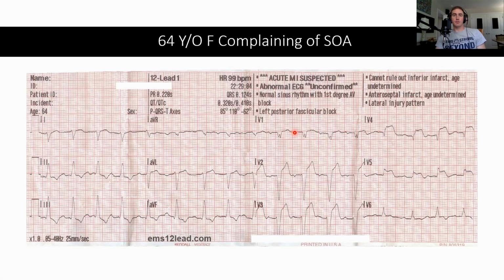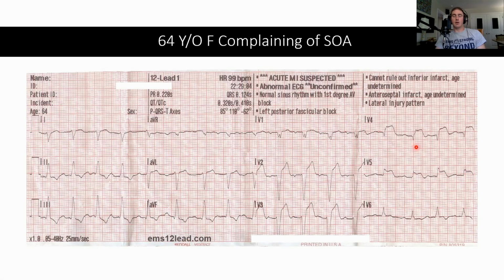Here are a few examples. Here we have a left bundle branch block. We have discordant ST segment elevation in these leads, which we expect. We also have discordant ST segments and T waves in these leads, which appear relatively normal.